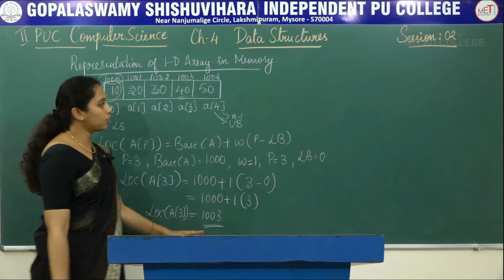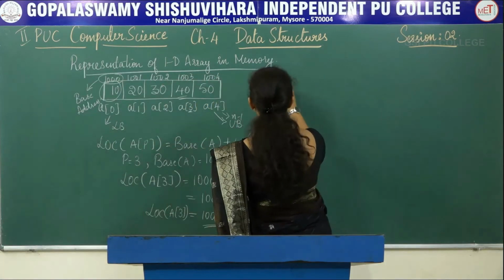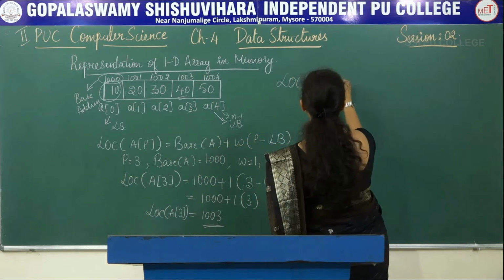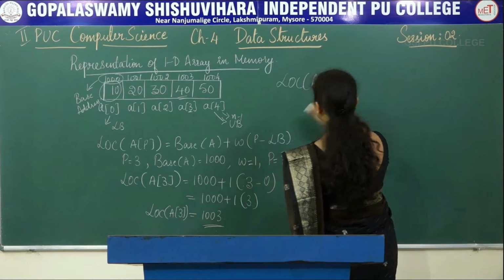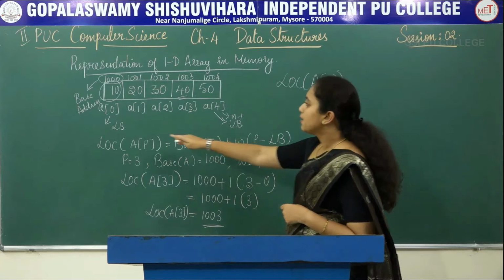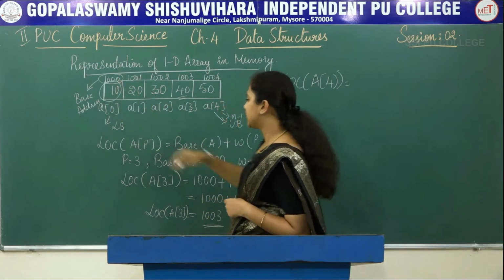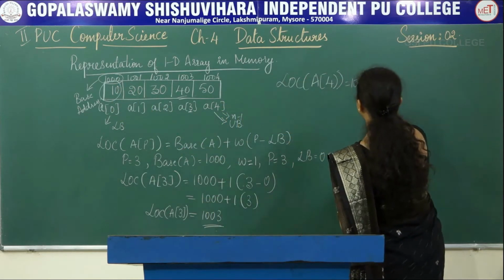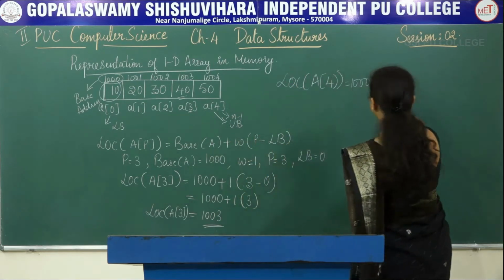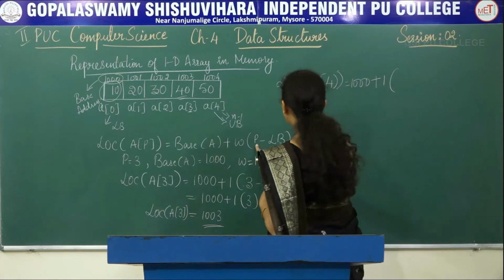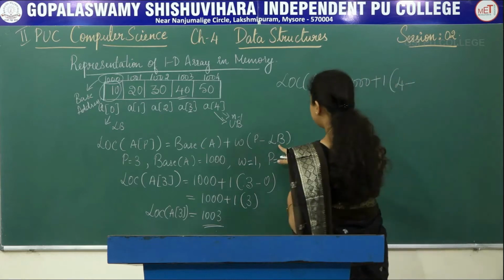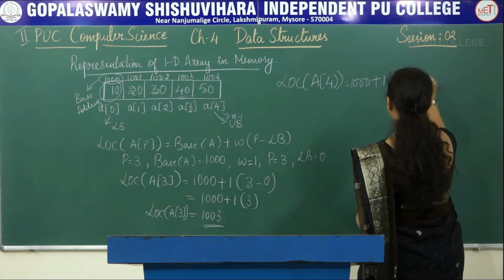If I want to find the location of A of 4, then what do I have to do? The base address, that is the first element address in the array, is 1000, plus the value of W is 1, times P, the value of P is 4, minus LB. What is the value of LB? 0.